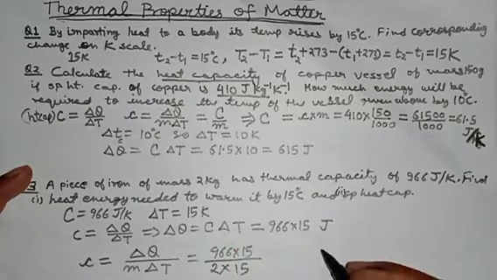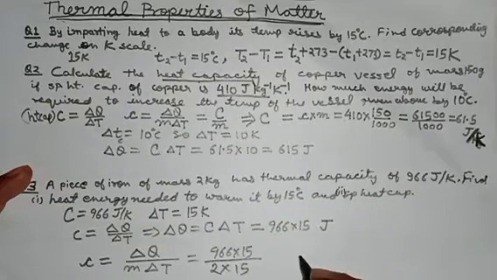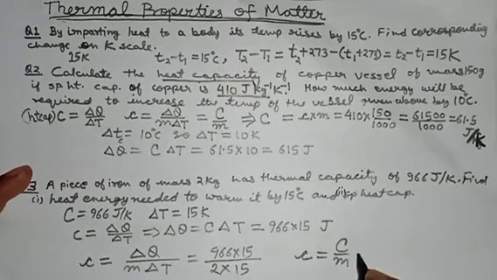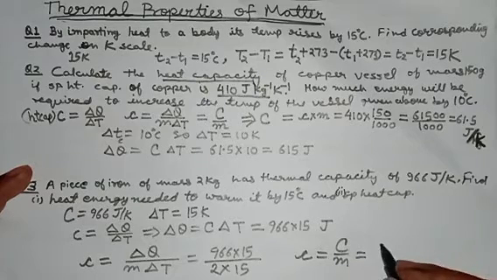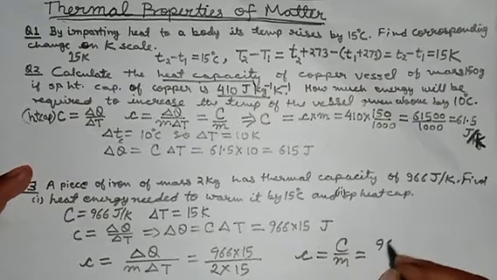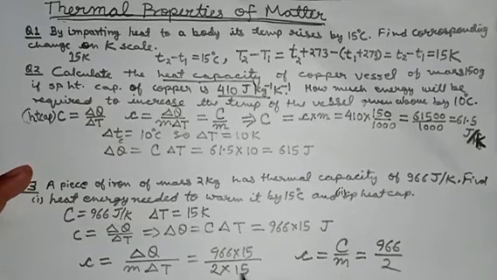Or what we did earlier, small c is actually capital C by M also, and this is what we are getting here. You can keep it either way, whatever clicks for you in the exam, do it accordingly. 966 directly upon 2, same thing. Be careful about its unit. I'm not solving it completely, do it yourself. But the final unit will be joule per kg Kelvin.